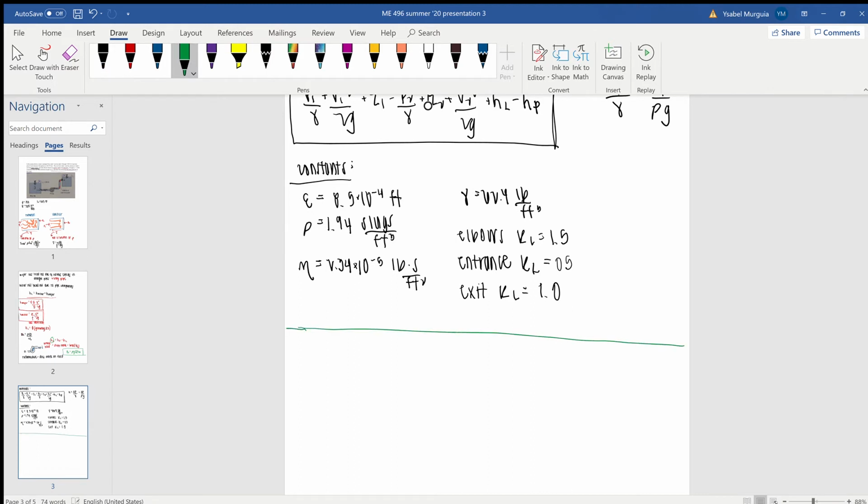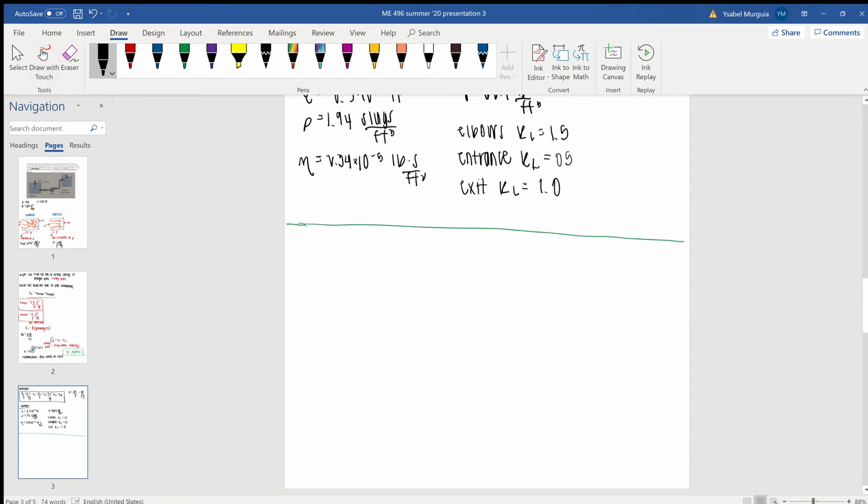Okay, so we are given Q, our volumetric flow rate. With Q, I can solve using continuity. Q equals VA, so I can solve for the velocity.